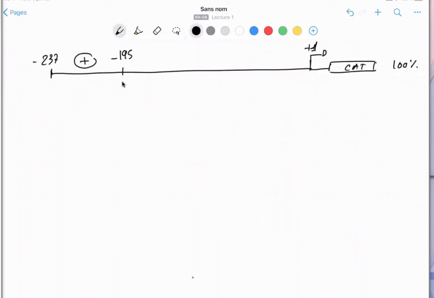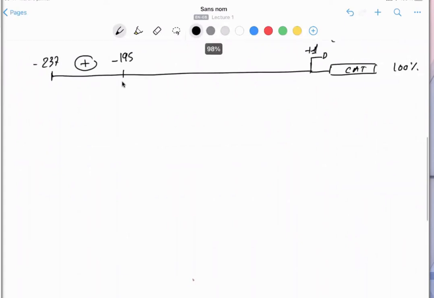We have to do lane by lane like that. Then they cut a little bit more of the promoter till the position 141. What's happening? So here we are at 100% of activity. If we cut till here, we arrive at 40% of activity.